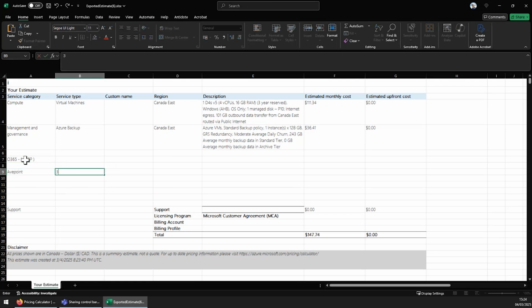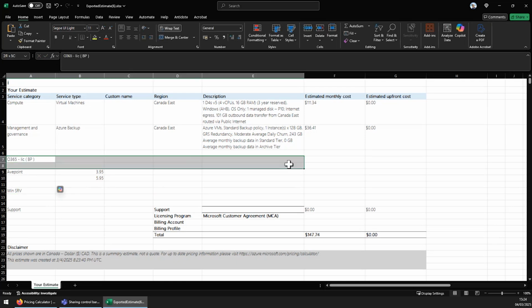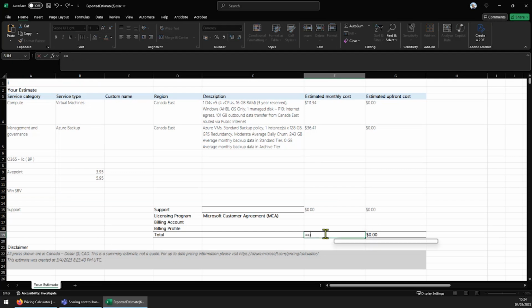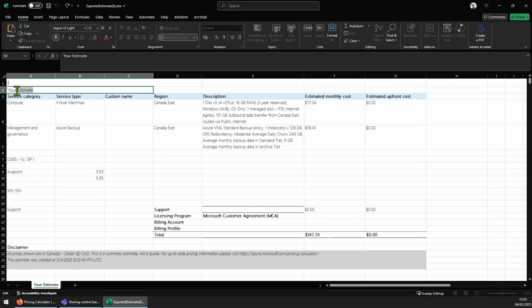We have two formulas, 395 and 5.95, and something else if we need, for example, a Windows Server license or something like that. So we can easily manipulate this file to do the sum yourself, and voila, you will have all the numbers and the proof for your customer to do your estimate or your proposal. So this Excel file is yours. You can just import, copy, and paste and play with that for your customer.